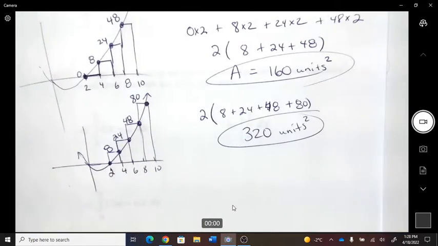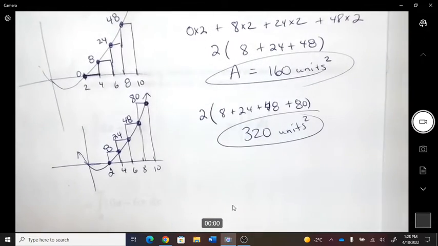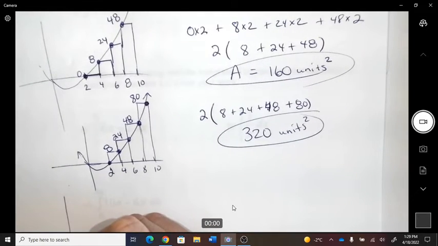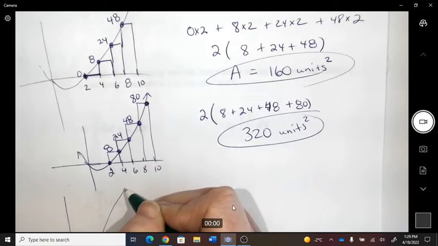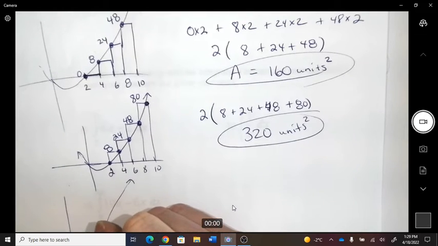Okay, so those are my estimations. So in my mind, I'm thinking it's probably close-ish to 240. Like that's in the middle, right? Because this is way too low and this is way too high. Okay, so the midpoints, I guess we're going to have to redo all these numbers.